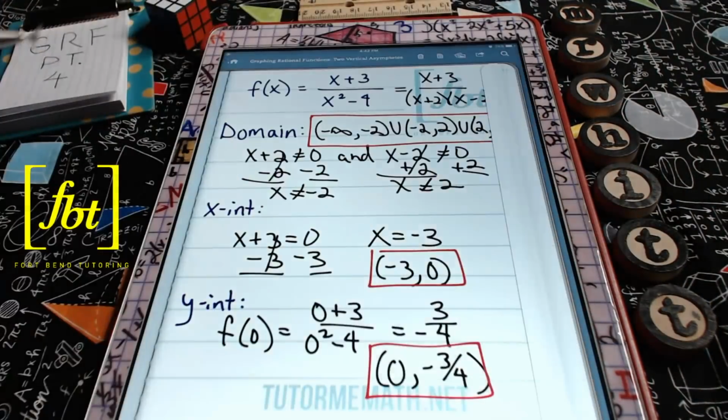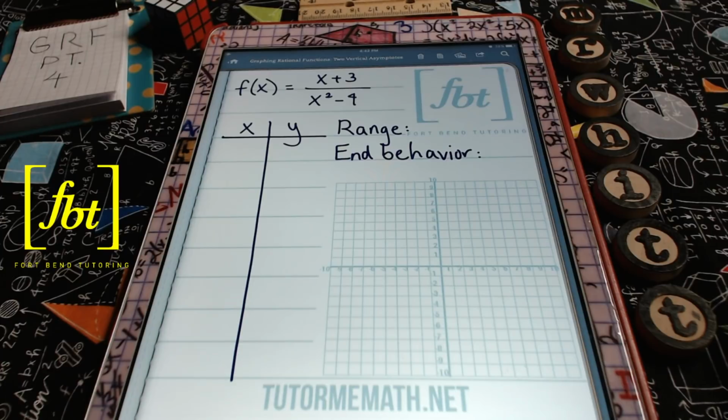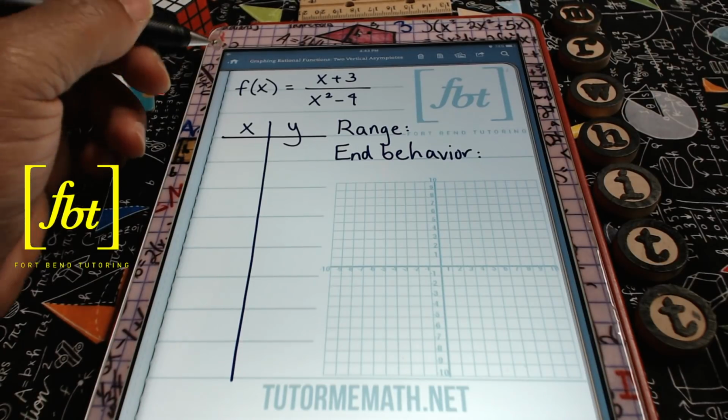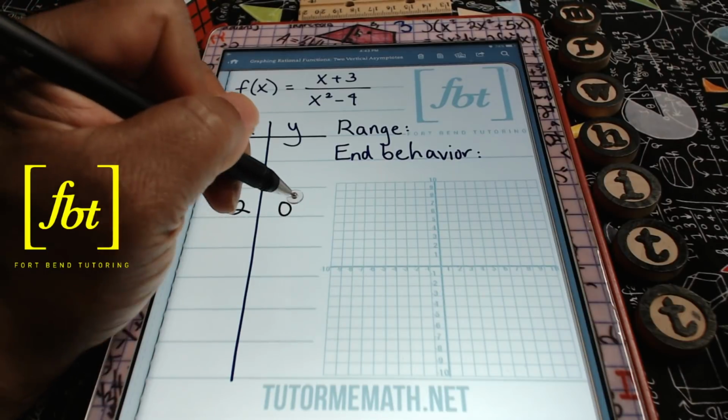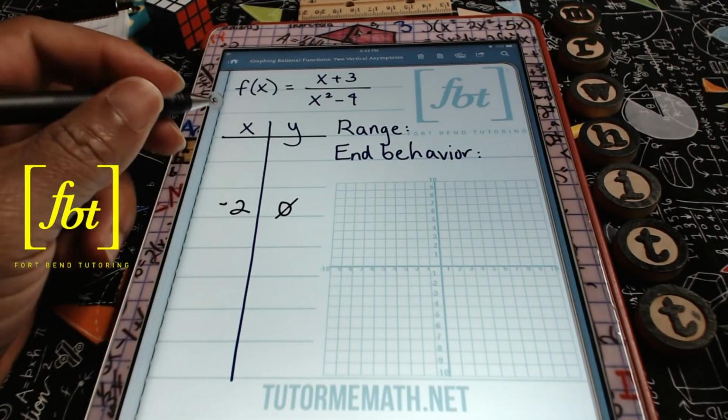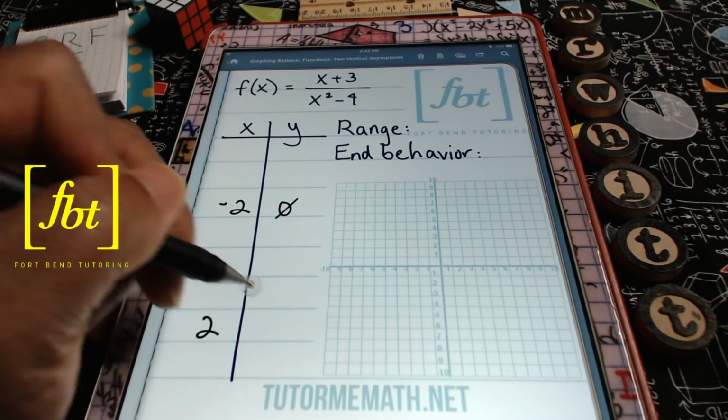Let's move on. It's at this point that I think we're ready to fill in our XY chart. First of all, I already know that at -2, the function is undefined, and at +2, the function is undefined.